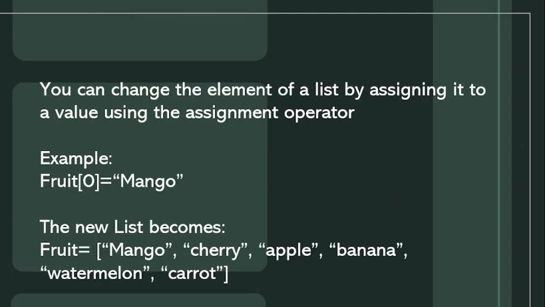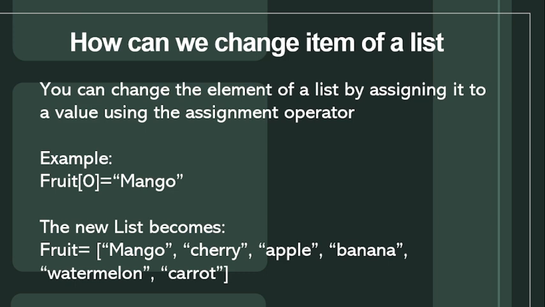Now let's proceed. Let me quickly talk about how we can change an item of a list. Say the first item is orange, and you want to change it to mango. You write it like this: position 0, and you assign mango to that position 0. The equality sign is the assignment operator.